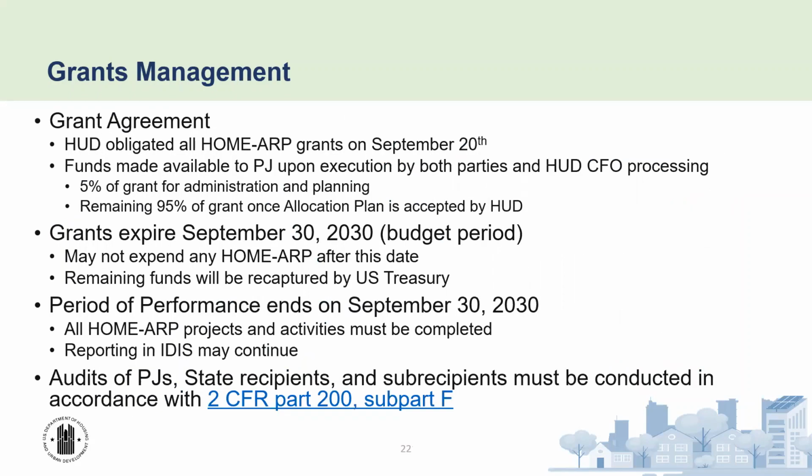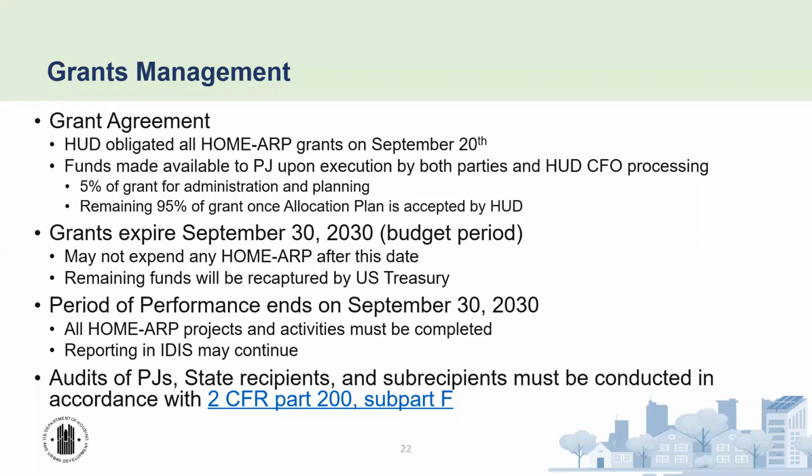Okay, as mentioned multiple times now, this session and the previous session, HUD obligated the HOME-ARP grants on September 20th, and PJs should have received a copy of their grant agreement to execute and return to HUD. If you haven't signed and returned the grant agreement, please do so as soon as possible. This will ensure that your 5% for administration and planning is available in IDIS to disburse.